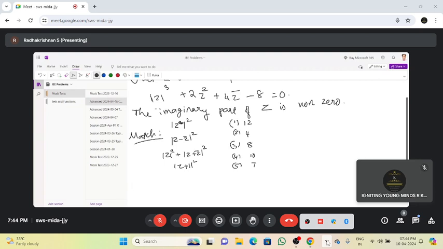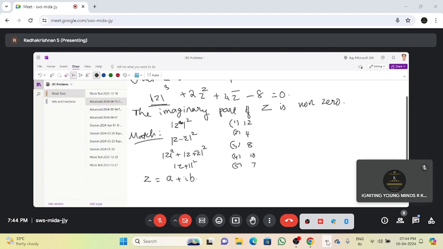So what is the formula for mod Z? Let's say Z equal to A plus IB. What is the formula for mod Z? Z into Z bar. Say it again, Mano.